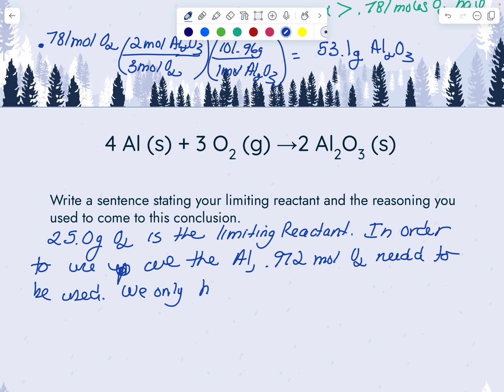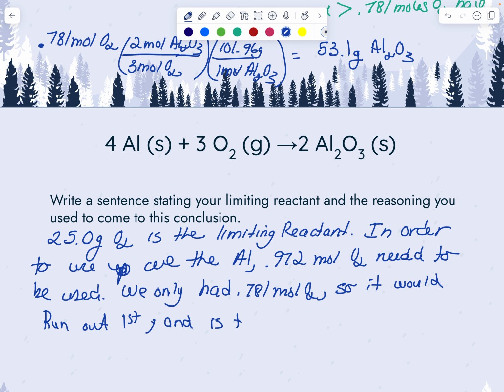We only had 0.781 moles of oxygen. So it would run out first. And is the limiting reactant.